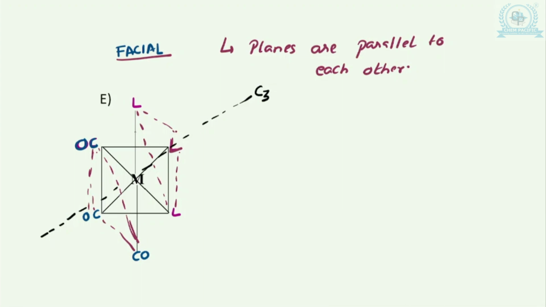ठीक है, I'm trying my best to represent you in the 2D form, and obviously तो इसका फिर आपका point group क्या हो जाएगा? Let us see. So you have the C3 axis, and containing the C3 axis you will find 3 sigma V plane that results in C3V point group.